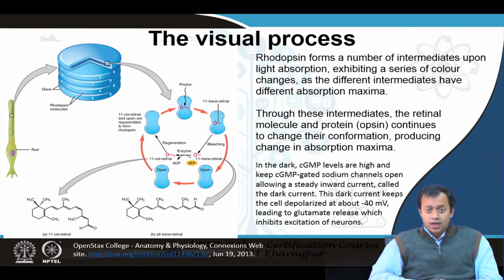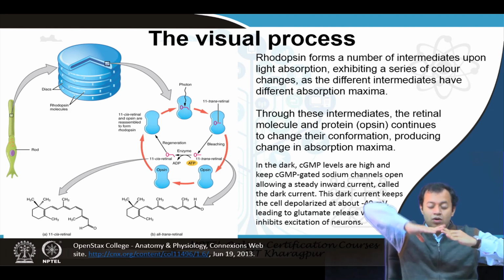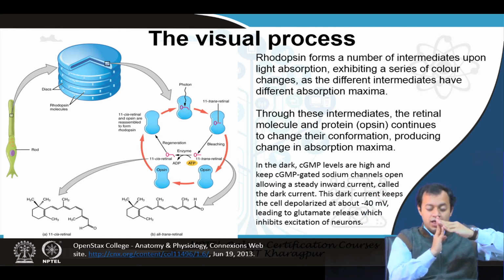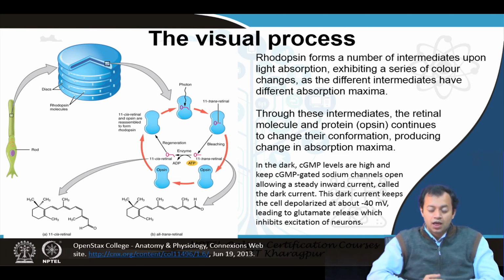What happens when the light is removed or there is no light, i.e., when you close your eyes? When you close your eyes, it is dark. So, retinal goes back to its original position from trans to cis. It is no longer kicking the rhodopsin. Rhodopsin is no longer kicking the transducin.